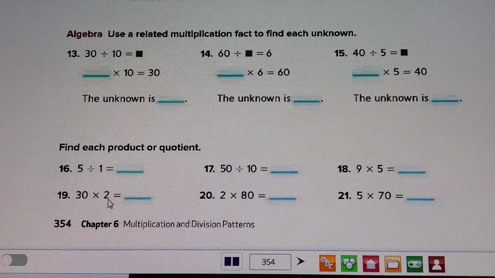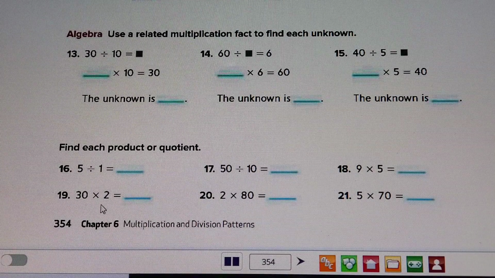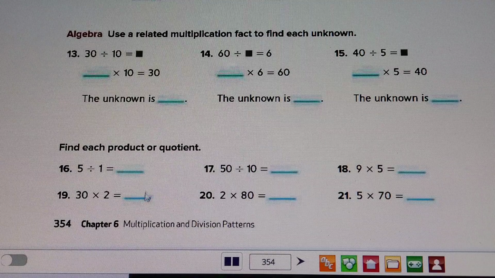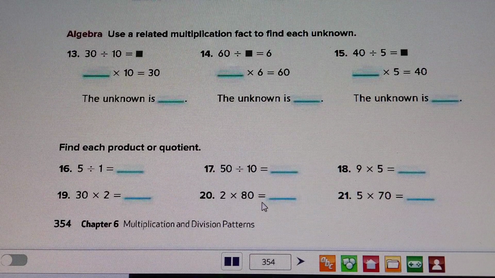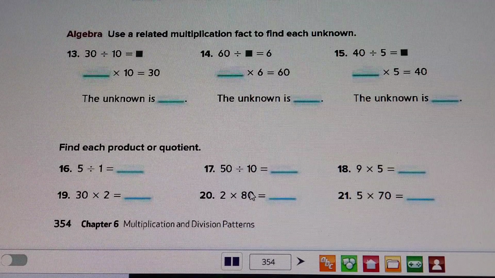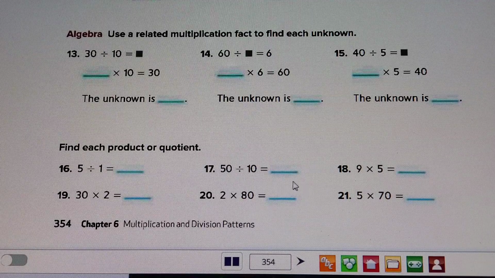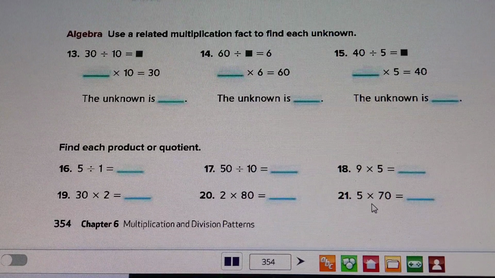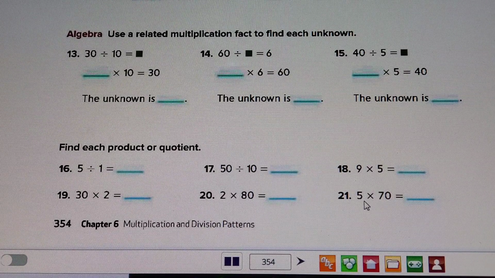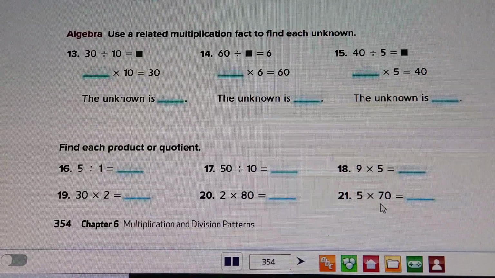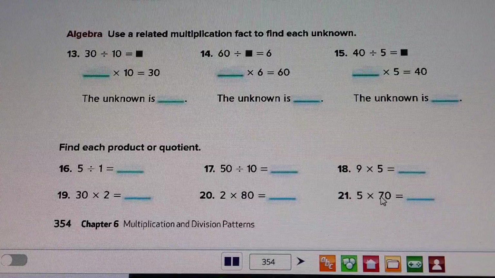So think about this as if you know 3 times 2, then you know 30 times 2 will be the same digit with a 0. 2 times 80 is like 2 times 8. 2 times 80 would be the same answer with a 0. 5 times 70, figure out 5 times 7. 5 times 70 is the same 2 digits with a 0 at the end. Good luck!